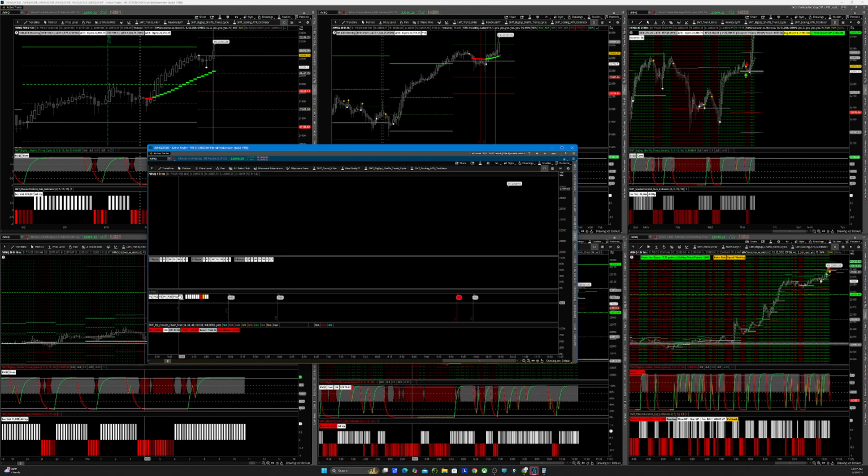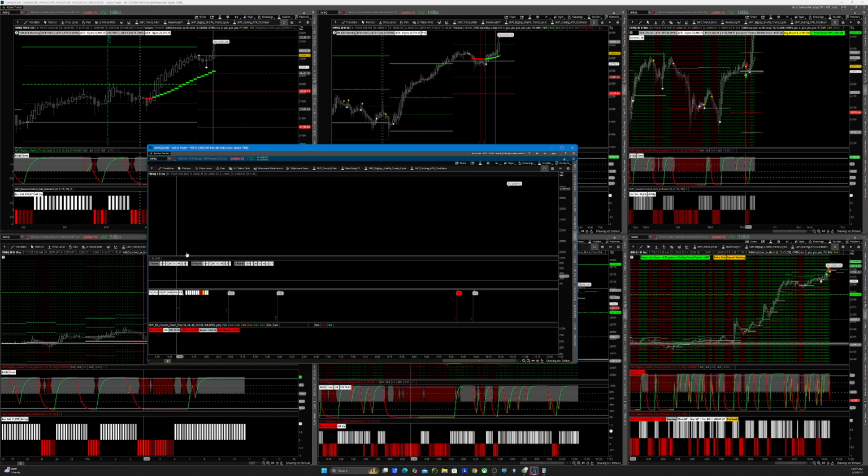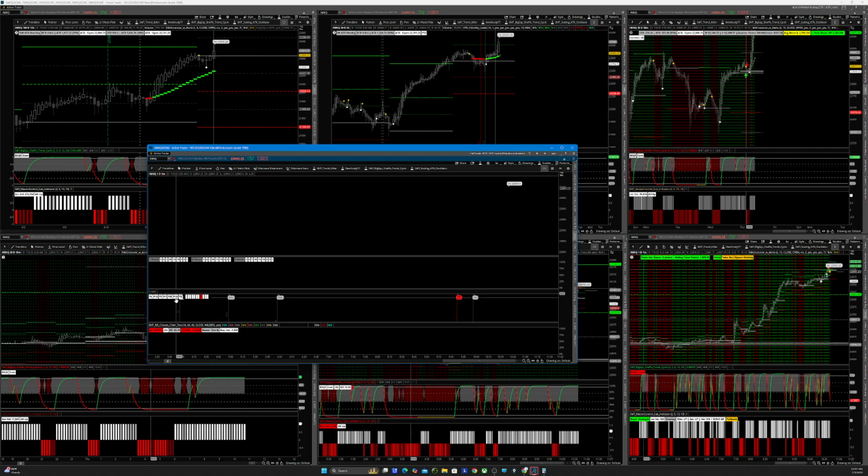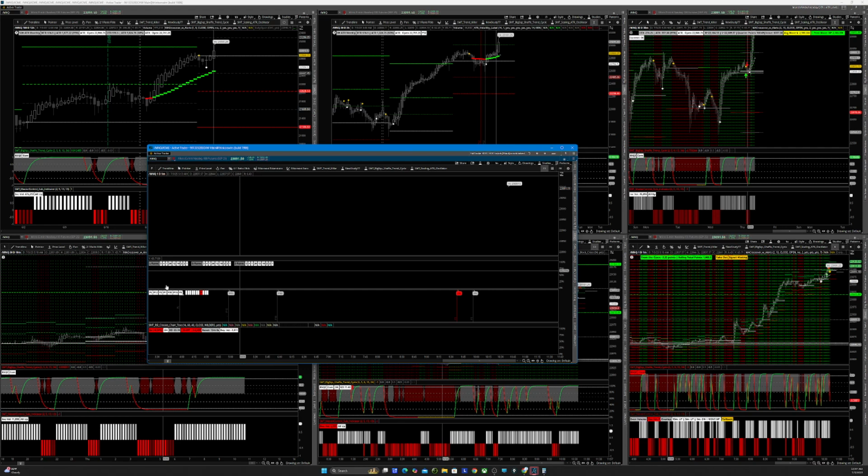Once you have all these in alignment right here, along with this, you have an extremely strong probability, and it's actually 100%. I will go ahead and be as bold as to say that it's 100% that the stock is going to have some type of a move in that direction.